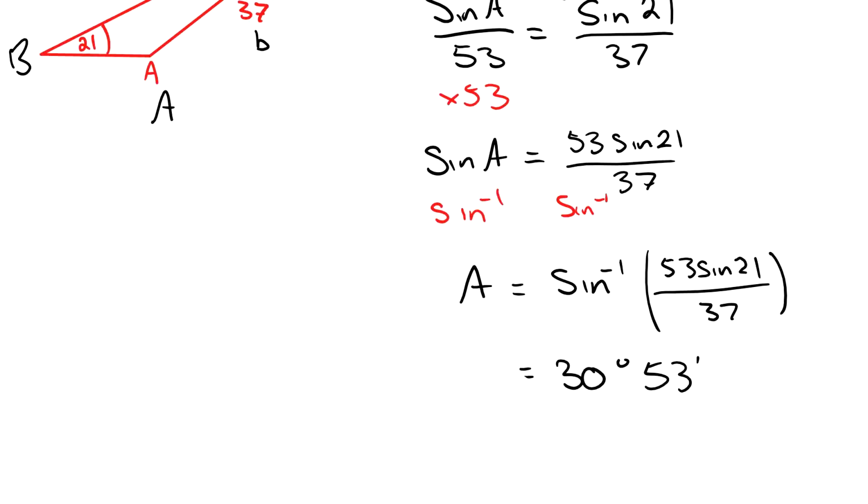Now the issue with that is that this is our acute angle, and that's not what the question wanted us to do. The question wanted us to find our obtuse.